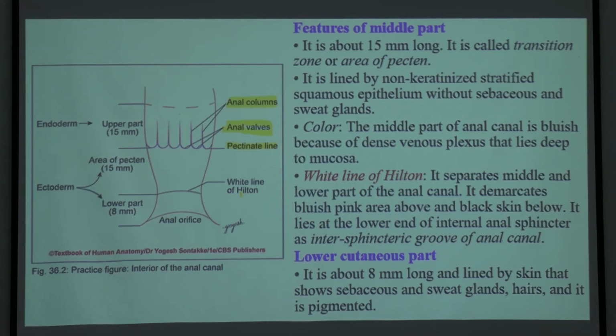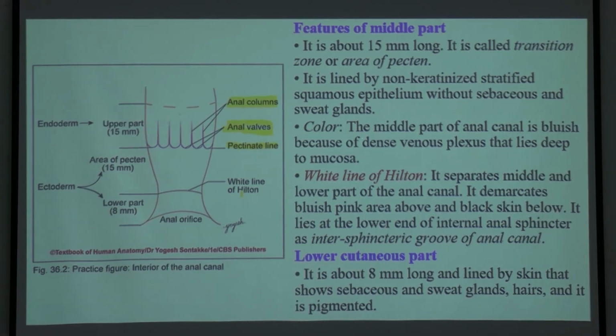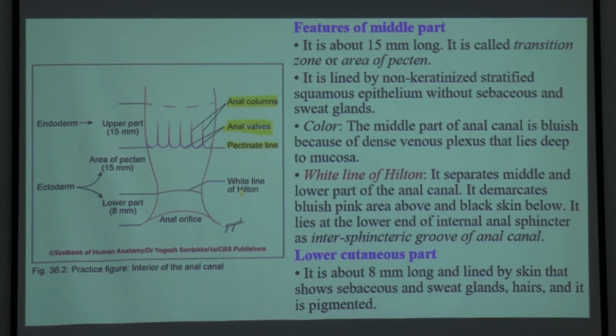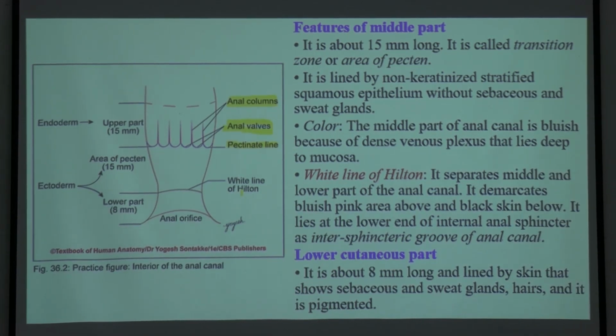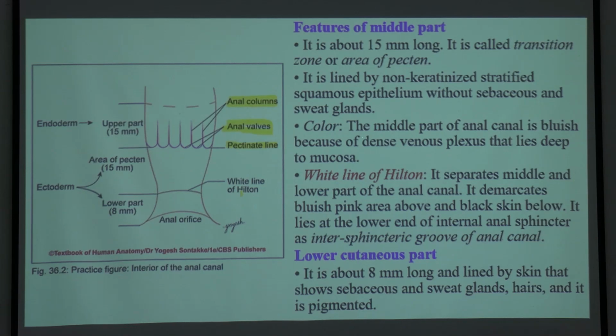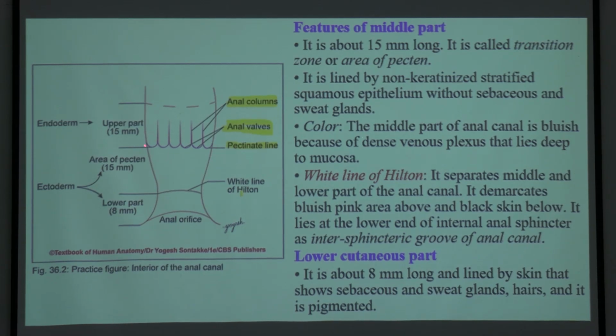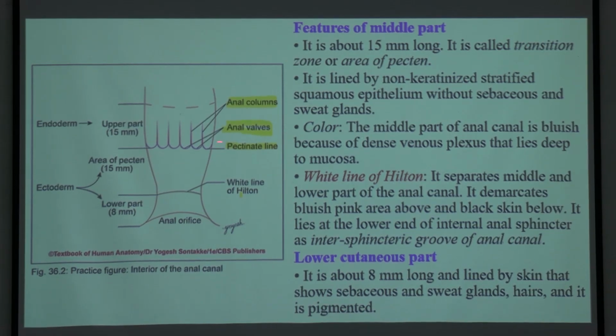So they are called anal columns of Morgagni, anal valves of Morgagni, and anal sinuses of Morgagni. And here, this part is called the dentate line or the pectinate line.